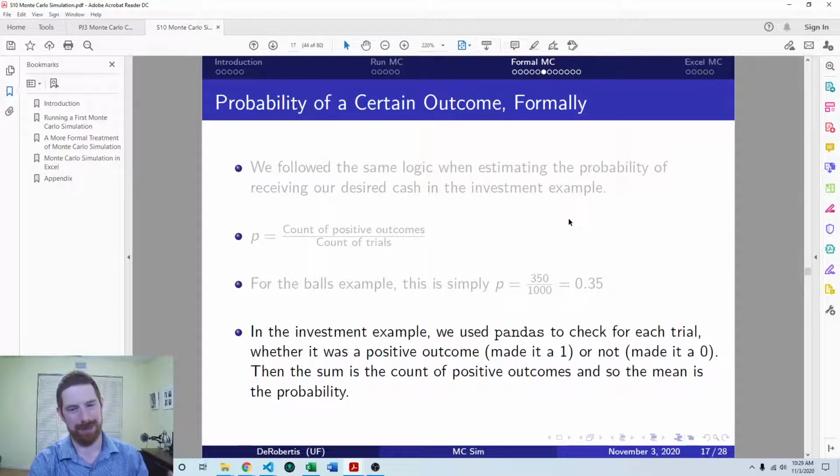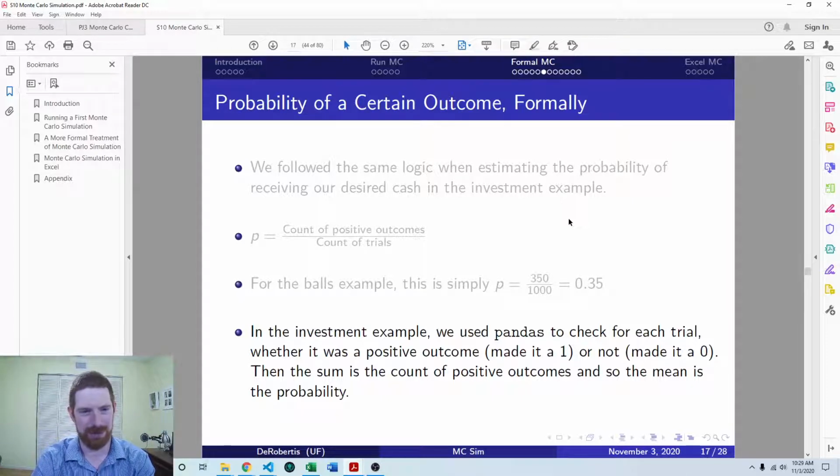If we got less than that, then it became a 0. That's the same as here. When we get a blue ball, we make it 1. And when we get a red ball, we make it 0. And then sum it all up. That's just the count of how many times you got the blue ball, or how many times we got $1,050.